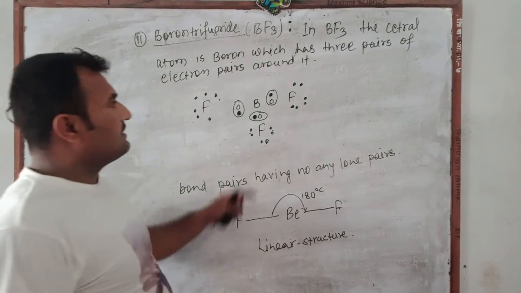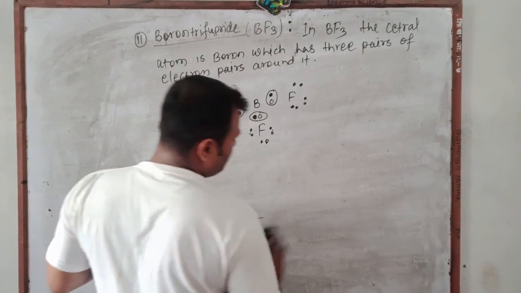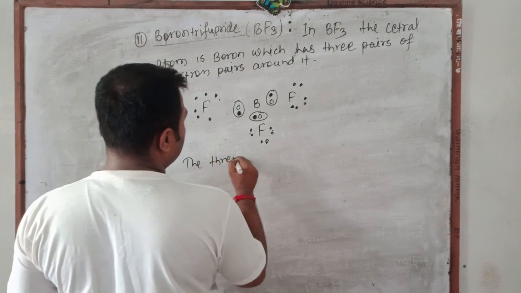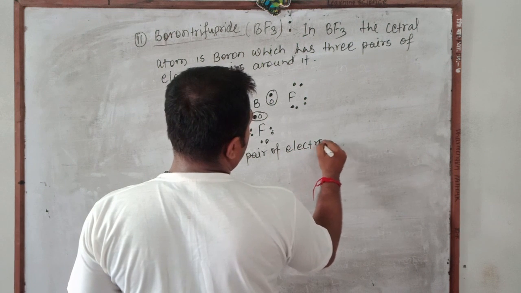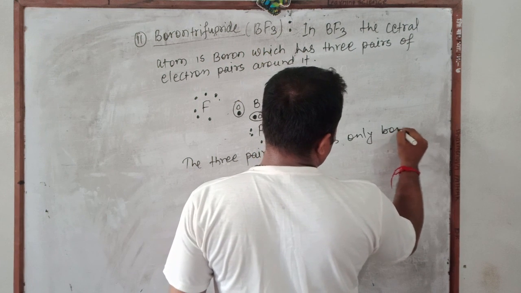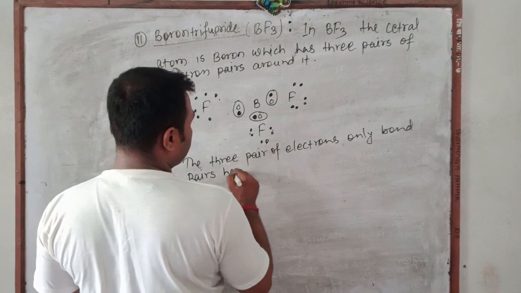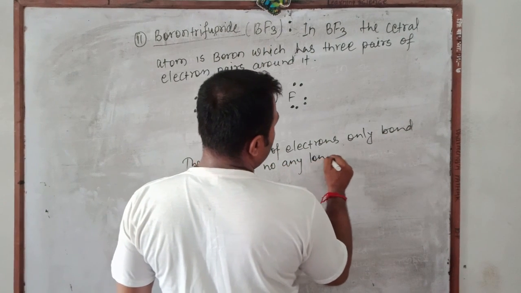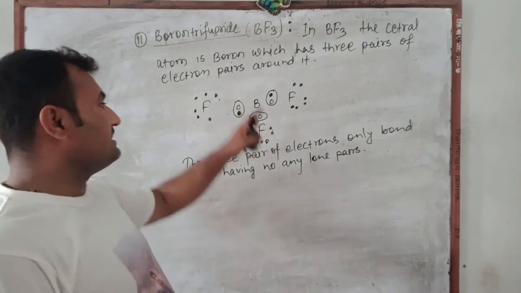Listen, boron is confined by 3 pairs of electrons. The 3 pairs of electrons are only bond pairs, having no lone pairs. No lone pairs are present here.